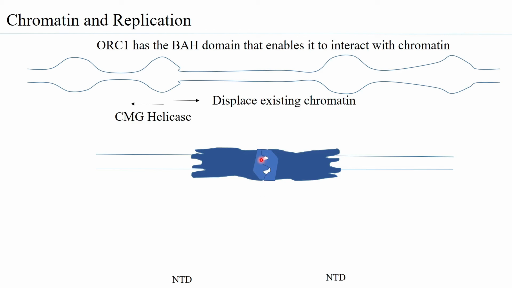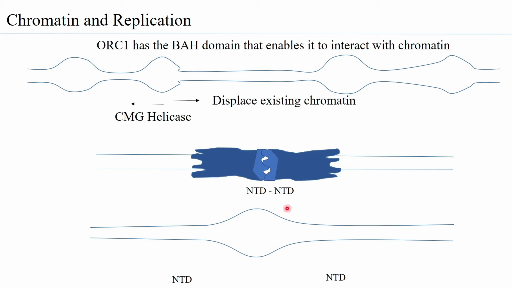That is, the N-terminal domains of both the MCM2-7 are attached to each other, which means that when you have the DNA unwinding, you should have the CTD region of the helicase facing the replication fork and the N-terminal domain behind the replication fork. But it is not the case.